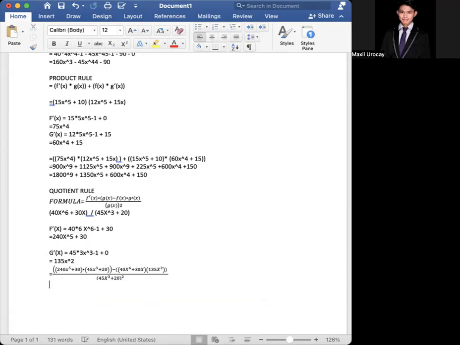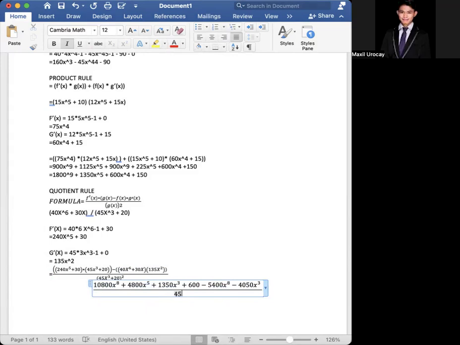And sorry, this is not plus because this will become minus. So afterwards, because this one here is multiplied by negative, it will become negative, right? For this g of x to the power of 2, your g of x is 45x cubed plus 20.